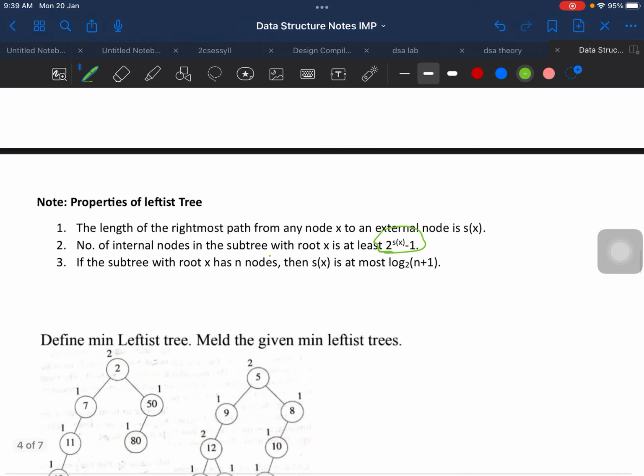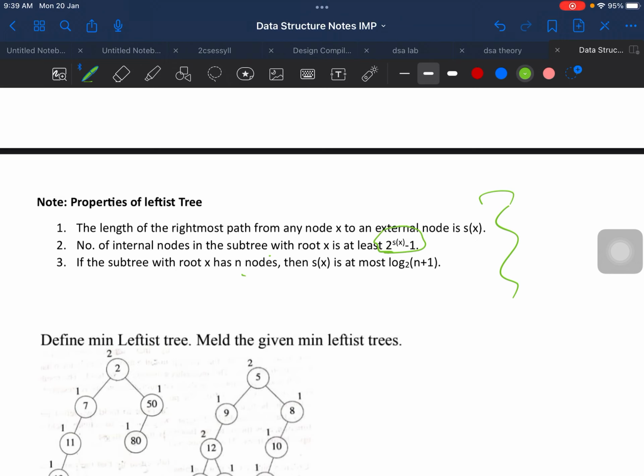So guys, if you want to calculate the s of x value of the root, and you know the number of nodes in the subtree with root x, then you can easily calculate the maximum value of s of x, that is log to the base 2 of n plus 1. You need not worry about these properties, guys.